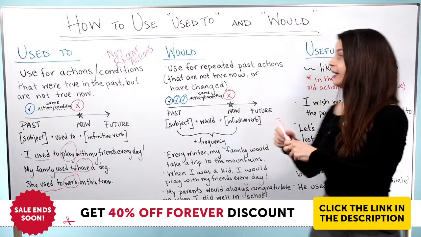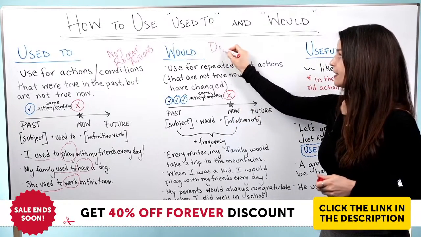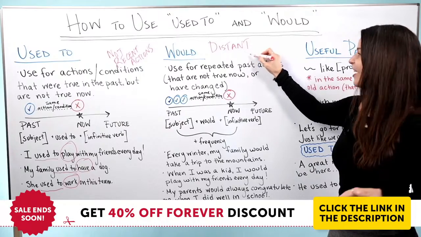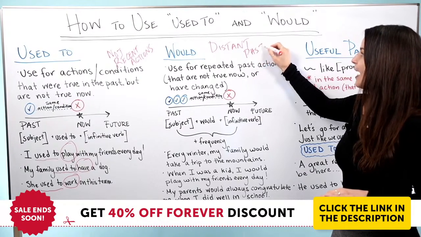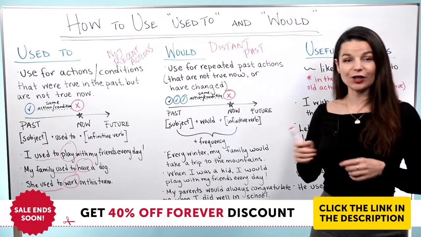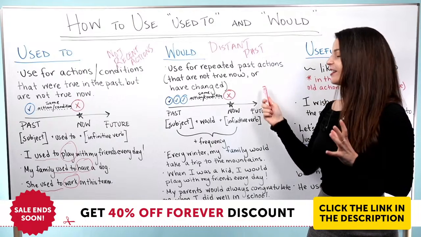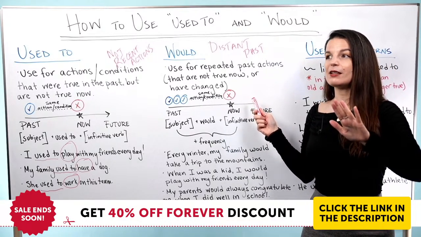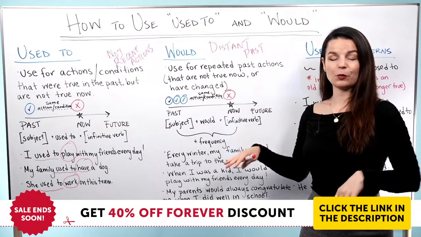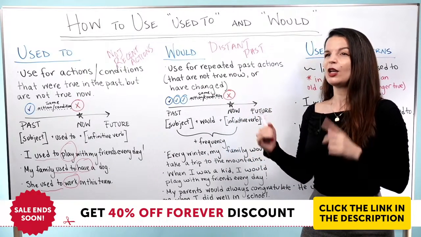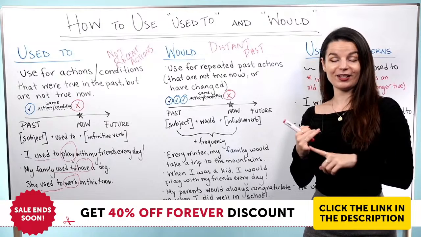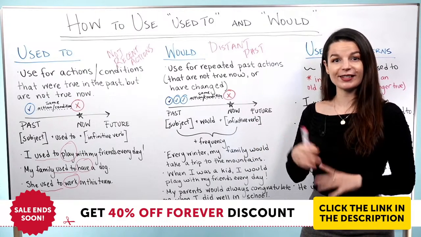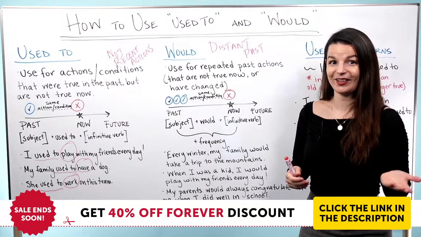So again, this is in the distant past. So not recent, distant past actions, like your childhood, okay? So this is not for last weekend or last month, okay? So maybe even more than 1 year ago. We use these to talk about traditions, like your family tradition or your community customs or your country's customs when you were a kid, okay?